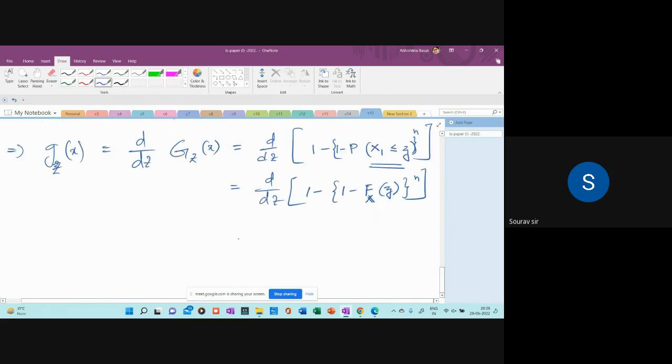Okay, so now we can do the derivative. 0 minus n into 1 minus fx to the power n minus 1, and then it is going to give me something 0 minus small fx. So this n into 1 minus fx to the power n minus 1 into small fx.